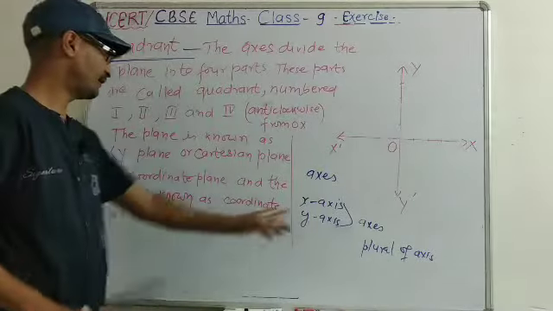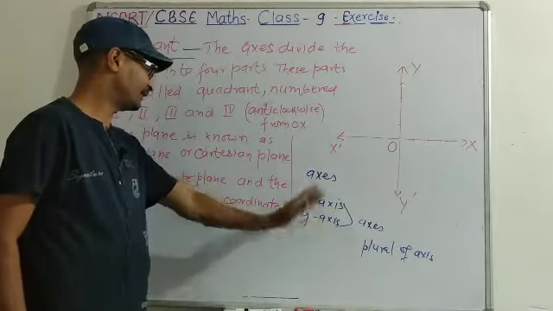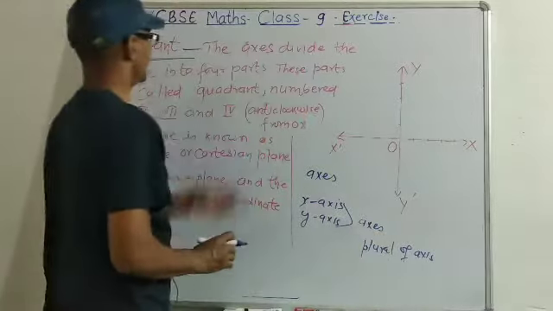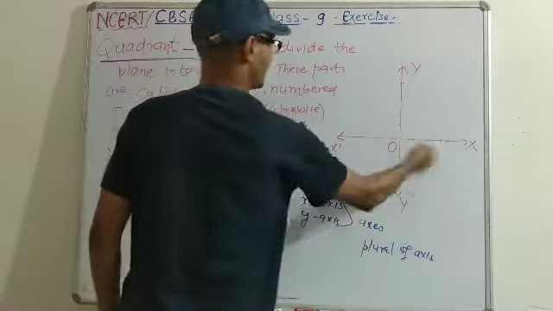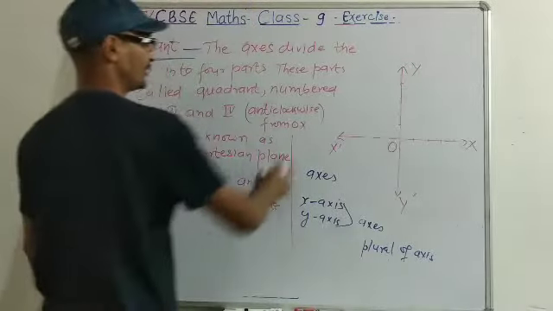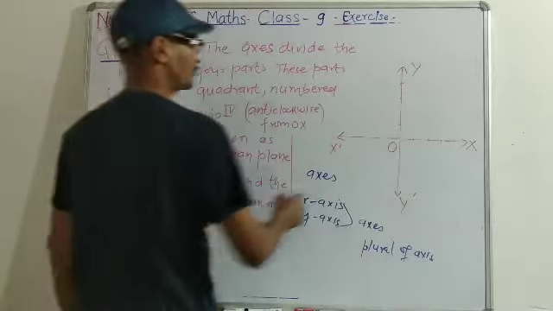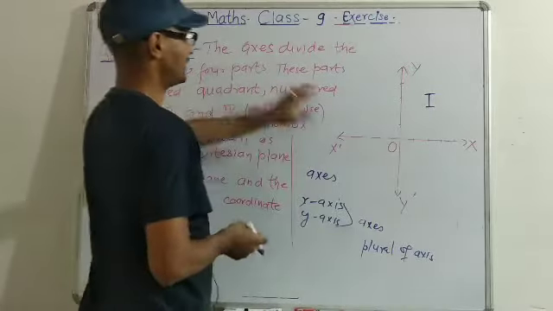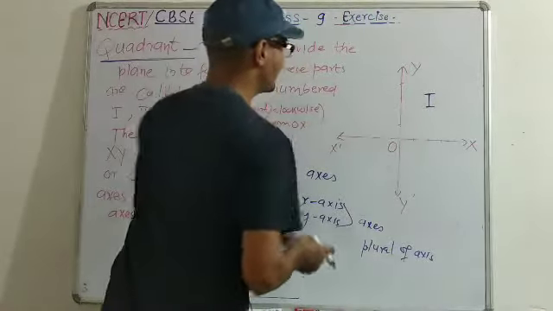When we say axis, it can be the X axis, or XY together, combinedly we say axes. So axes means both X and Y axes. They divide the plane into four parts.